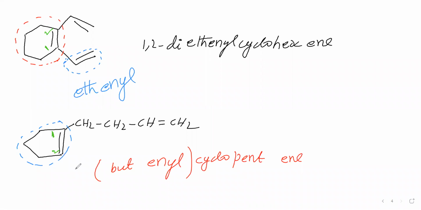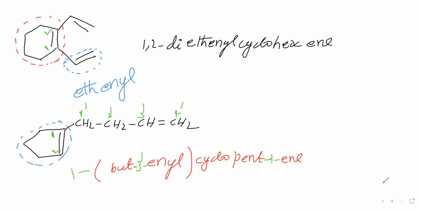So the branch position is number 1, and the double bond position is 1, that also we'll say here. And then we'll go for this branch. For the branch double bond position we have to say: in the branch, this carbon is linked to the parent. This is taken as 1 dash, this is 2 dash, this is 3 dash, this is 4 dash. So the double bond position is 3 dash, that 3 dash you say here. So the name of this compound is so and so.